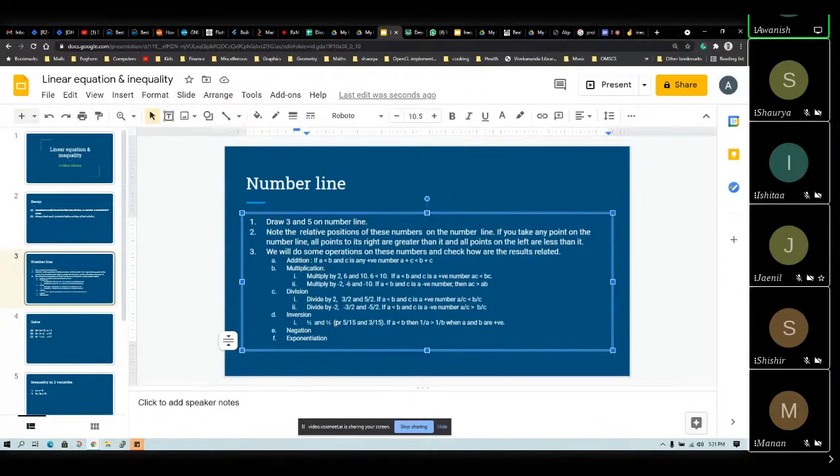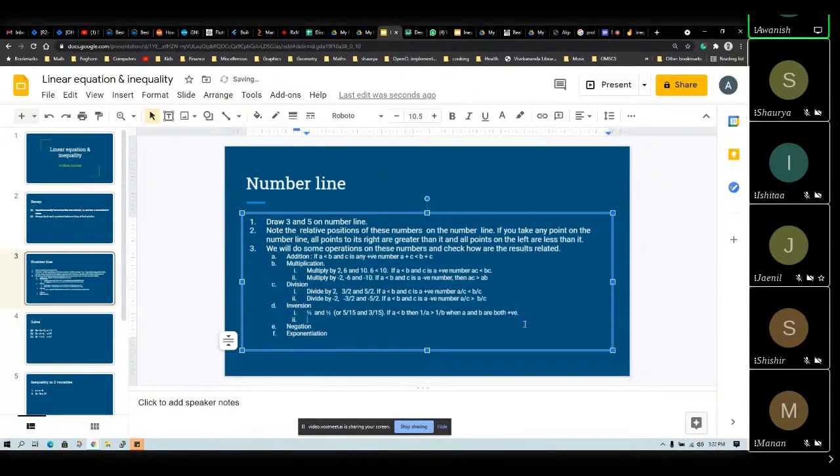When these are negative, are both positive. Correct? So when these are both negative, let's take two examples, -3 and -5. So A equal to -3, B equal to -5. Which one is smaller? Which one is bigger?